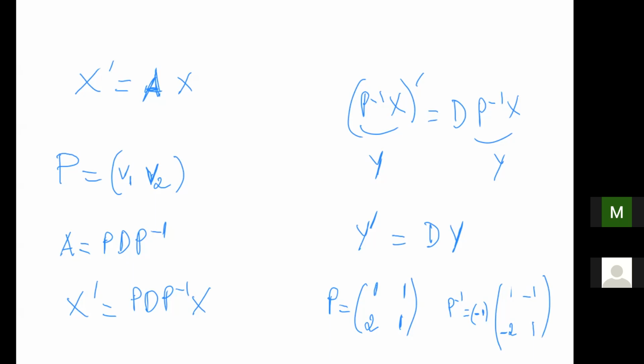And here D equals minus 2, 0, 0, minus 1.